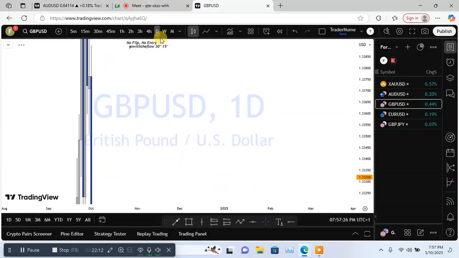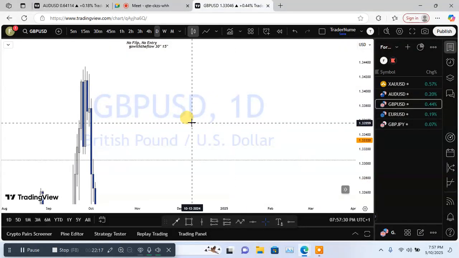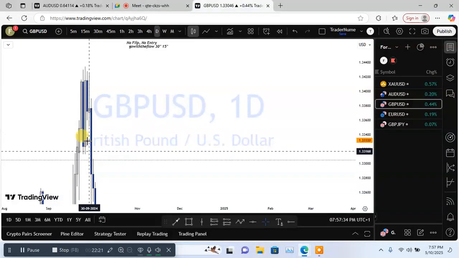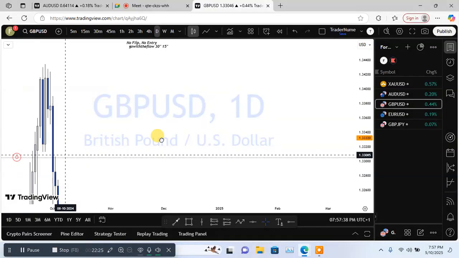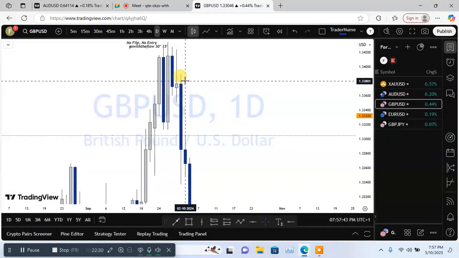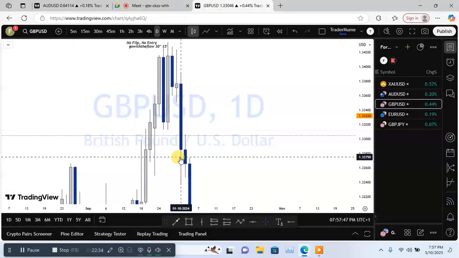If we go to the daily time frame now, it's the same thing that is happening there. This is the daily time frame. The daily time frame means one candle here signifies one day. A single candle here means a whole full day, that's 24 hours. This long bearish candle means one single day.